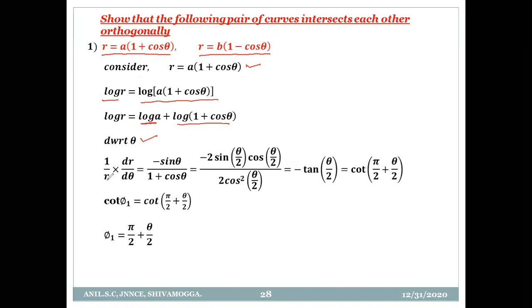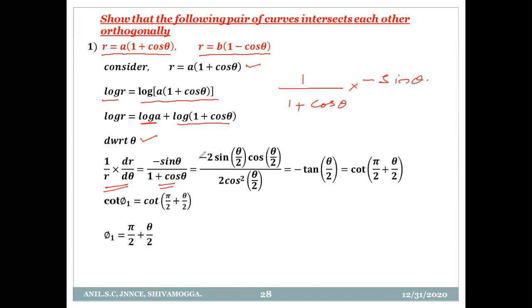Derivative of log R is 1 by R into dr by d theta. Derivative of log 1 plus cos theta is 1 over 1 plus cos theta into derivative of 1 plus cos theta, which is minus sin theta. That is minus sin theta divided by 1 plus cos theta.